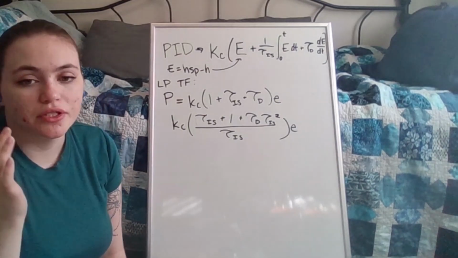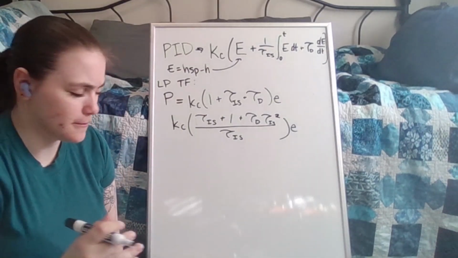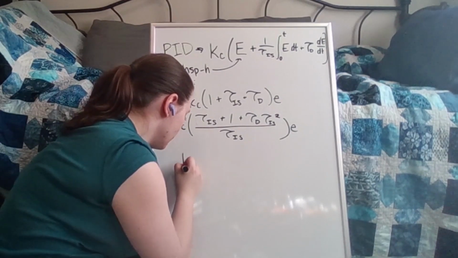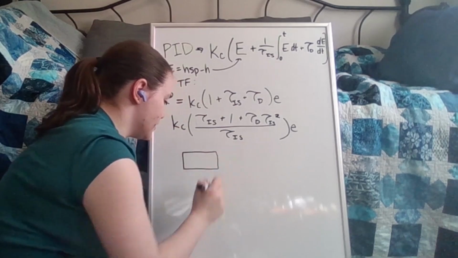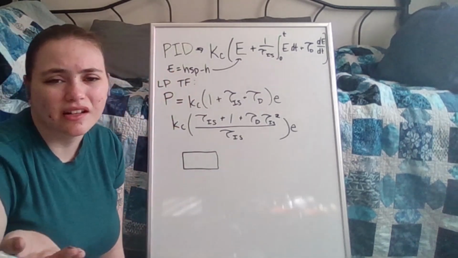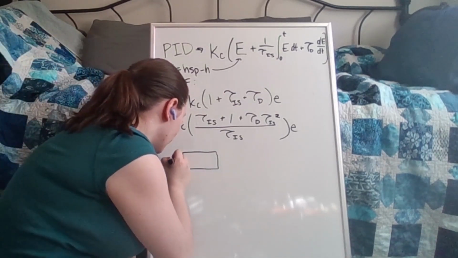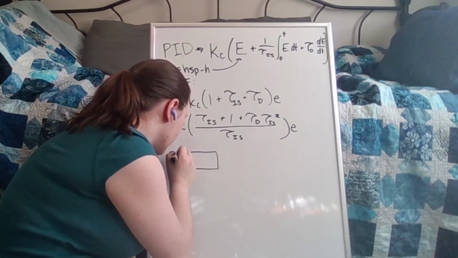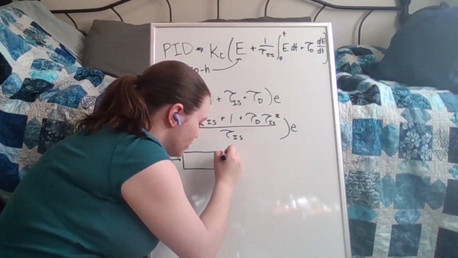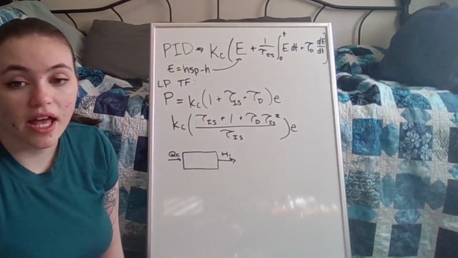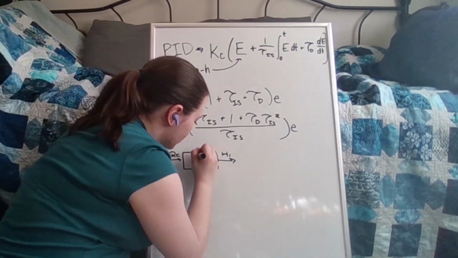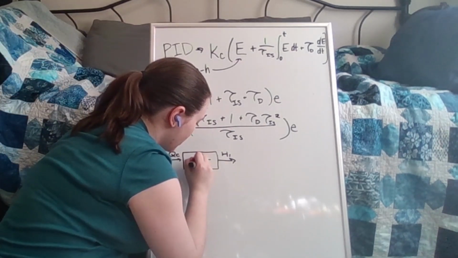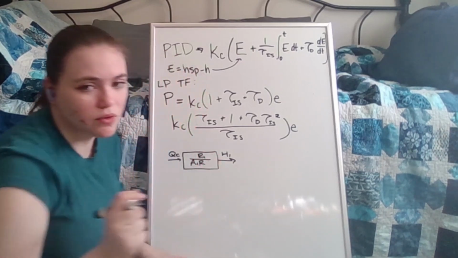So basically what we're going to do is write in our system, and we're going to make it a block diagram for now because it makes sense in my brain. We have a flow rate going in, and that is our Qc, and we have a flow rate coming out, and that is H1. The transfer function in this tank is R1 over A1 R1 s plus 1.